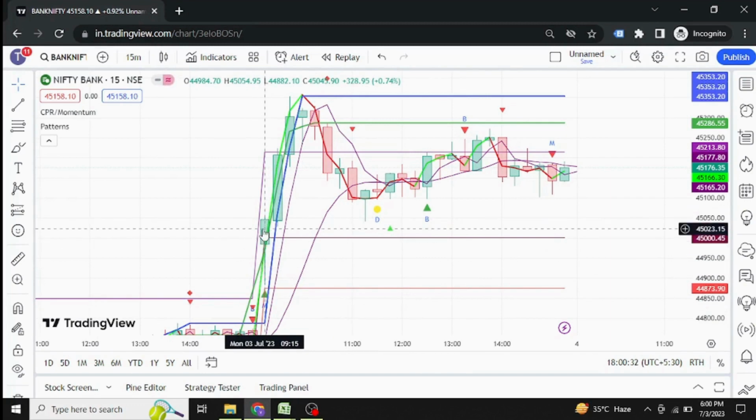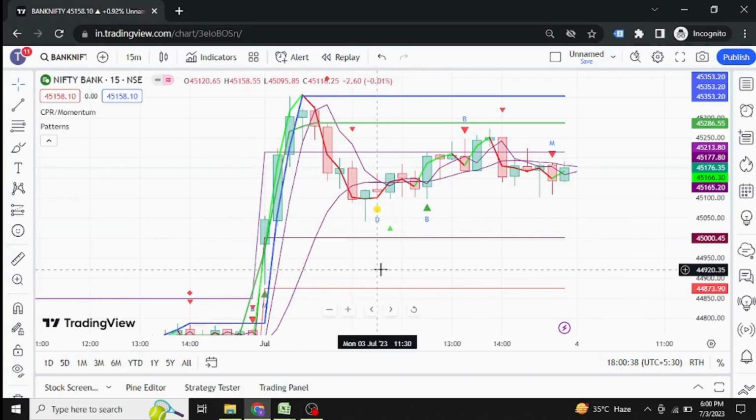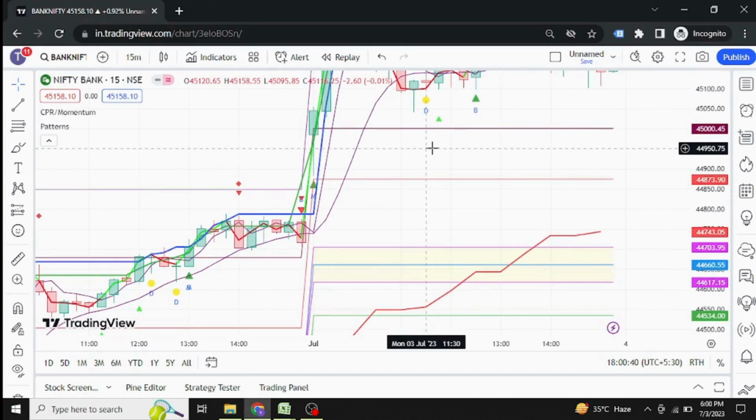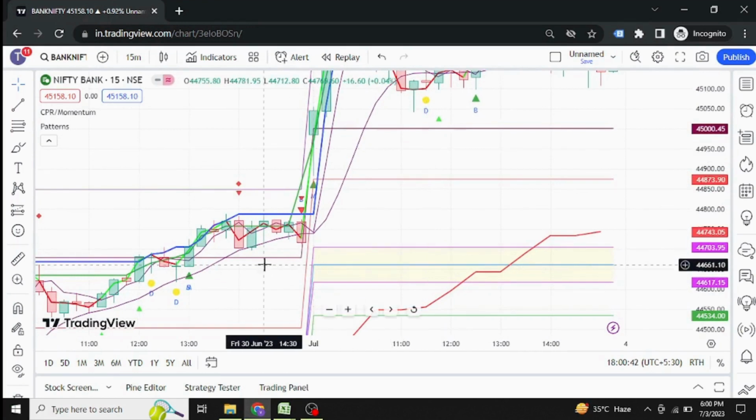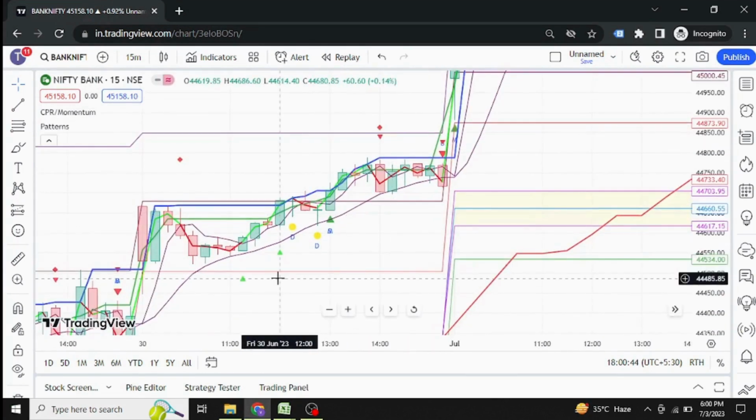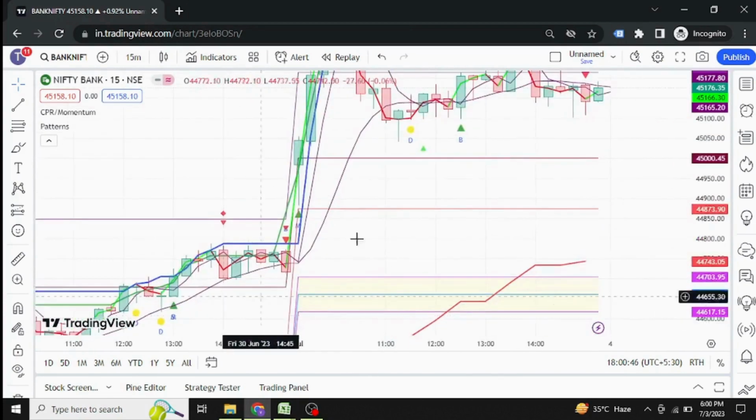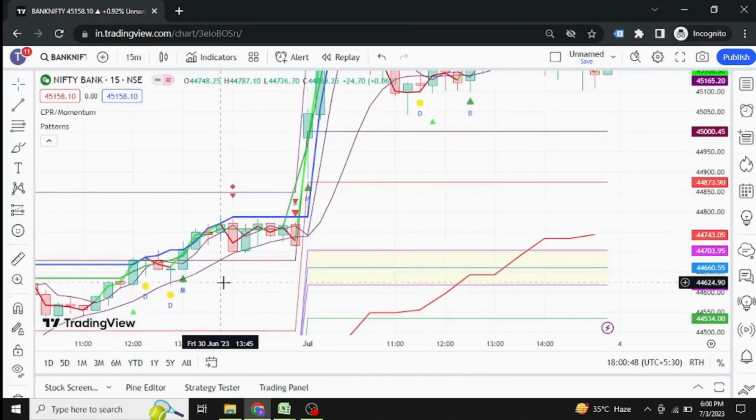You might have entered over here, because what you need to do is enter once this crosses this. Whenever the green line crosses this purple line, you need to make an entry for call or buy.